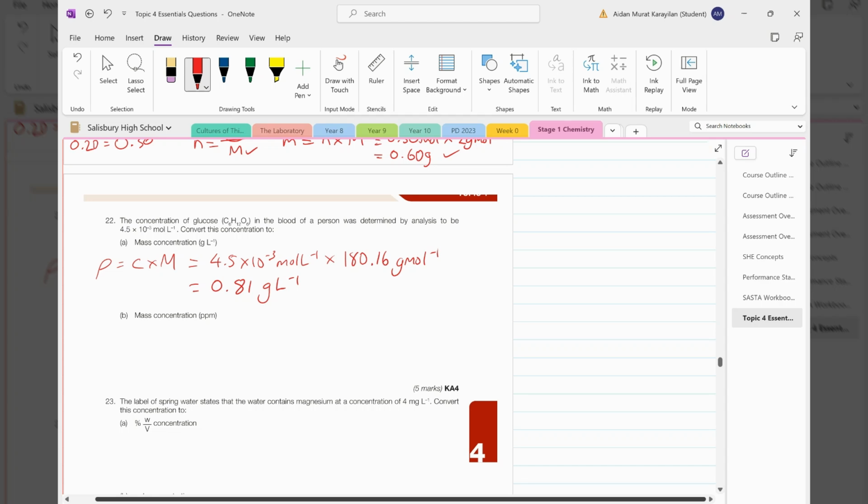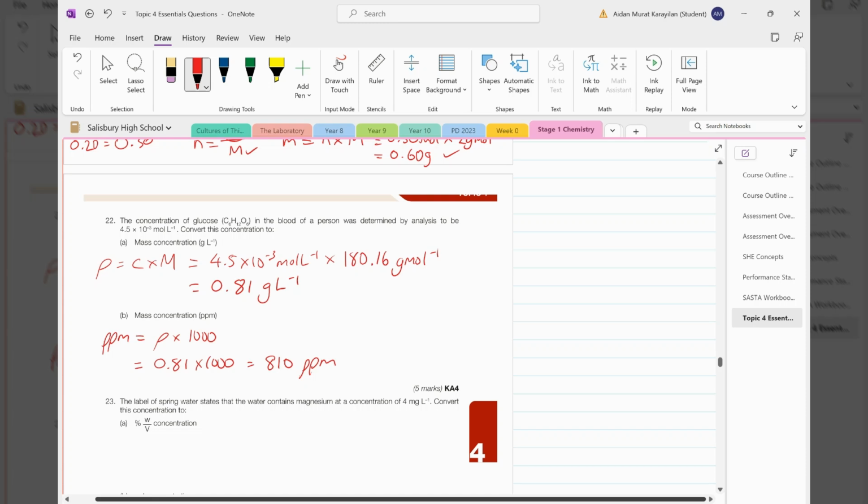So, assuming this is correct, we have our mass concentration in grams per liter, and we know that our ppm concentration is equal to our mass concentration times by 1,000, or times by 10 to the power 3, which means this is 0.81 times by 1,000, which moves the decimal point 3 spots, which gives us about 110 ppm.